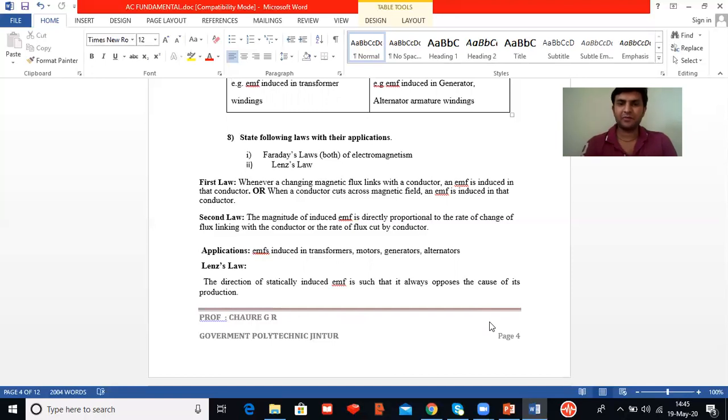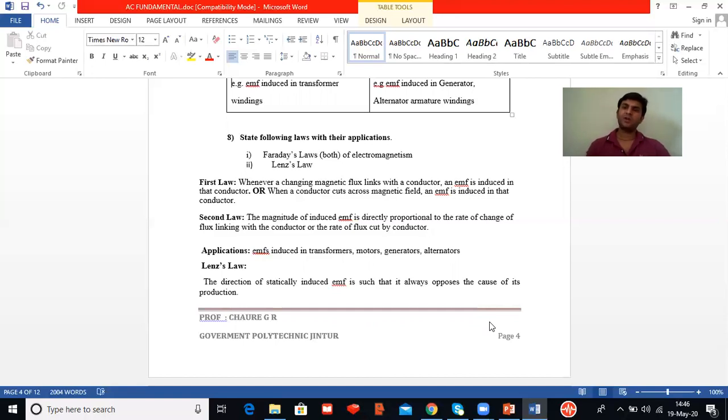Faraday's first law: whenever changing flux is linked with a conductor, an EMF is induced in that conductor. Or when a conductor cuts across the magnetic field, an EMF is induced in that conductor. This is the first law. When a flux linking action takes place with a conductor, it is known as Faraday's first law of electromagnetism.